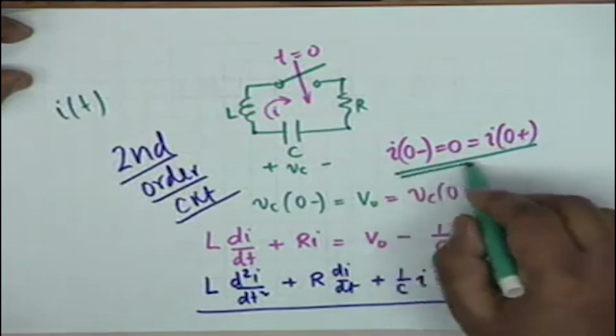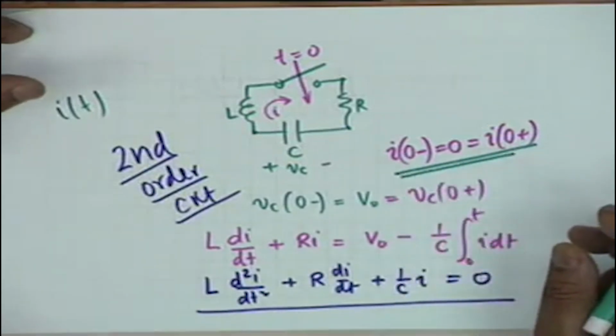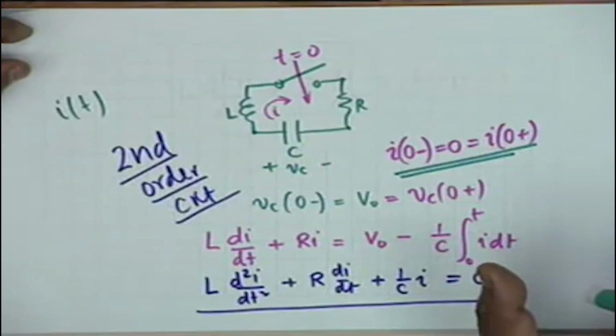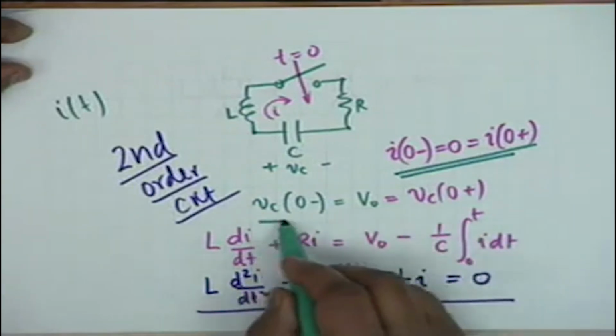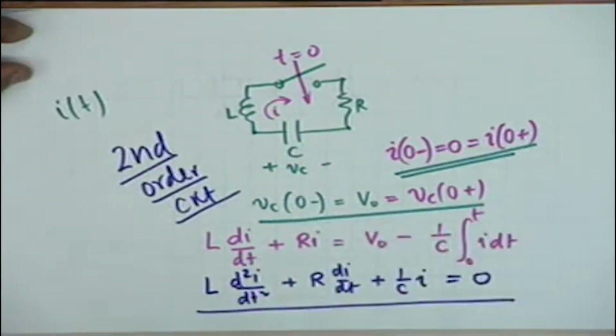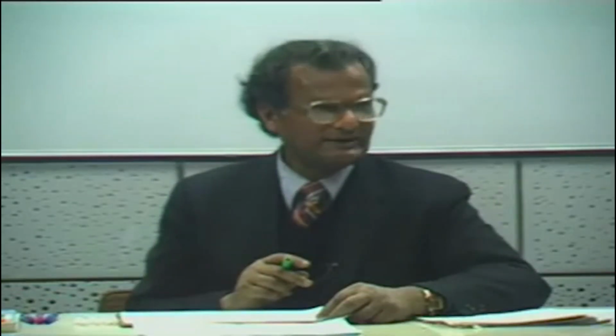One of the initial conditions is that i of 0 is equal to 0. i of 0 minus and 0 plus are the same. The other initial condition, I said, is not on i, it is on the capacitor voltage. Can we convert it to a condition on i?